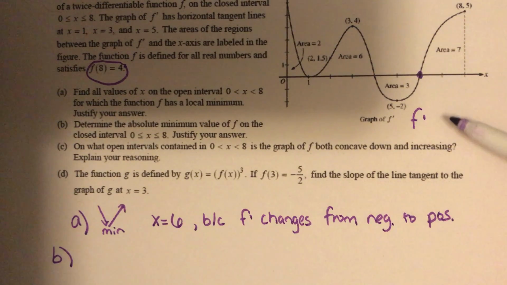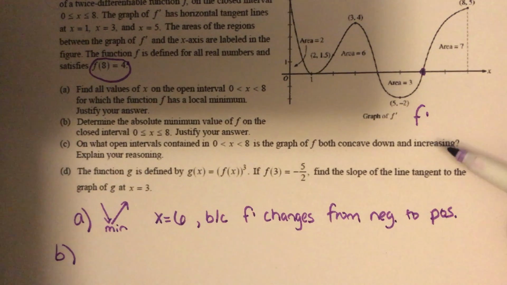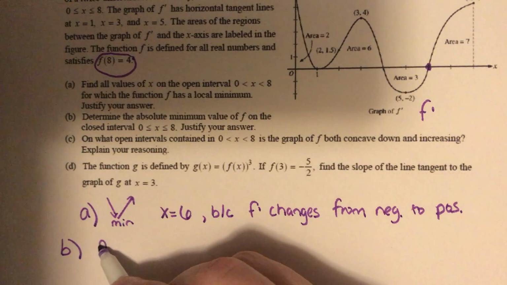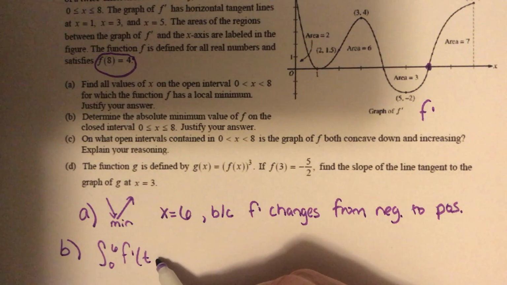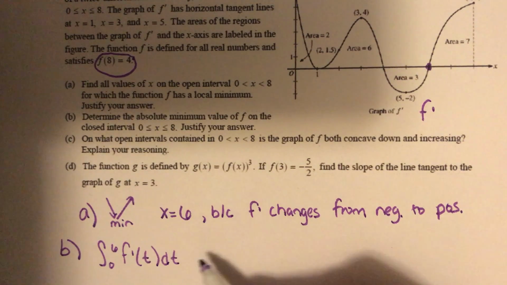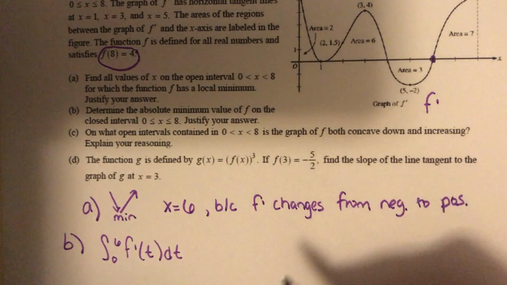So the problem is this is the derivative. I want to know the actual value. So I'm going to undo the derivative by taking an integral. So I'm going to find the integral from 0 to 6. Oops, I guess it should be x, not t, but it doesn't really matter.